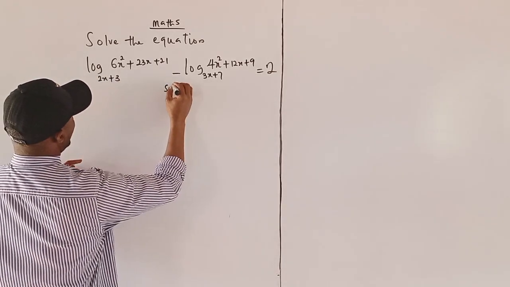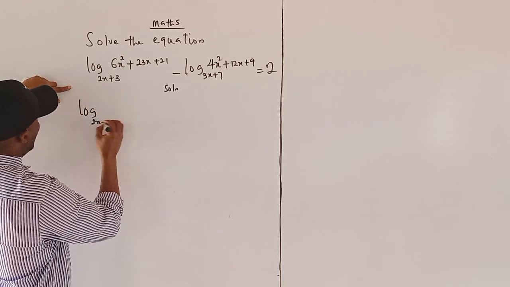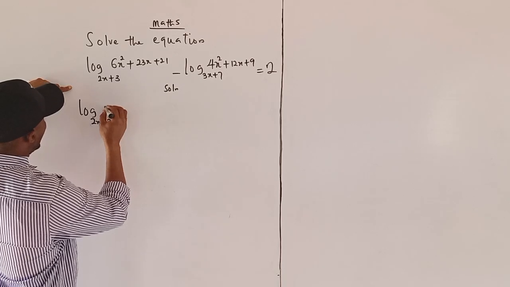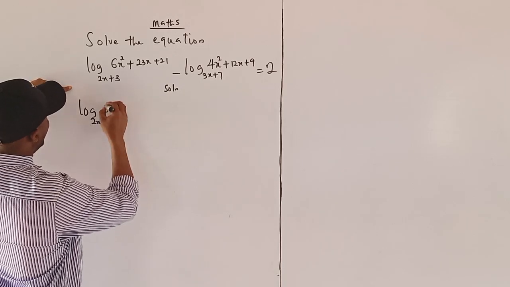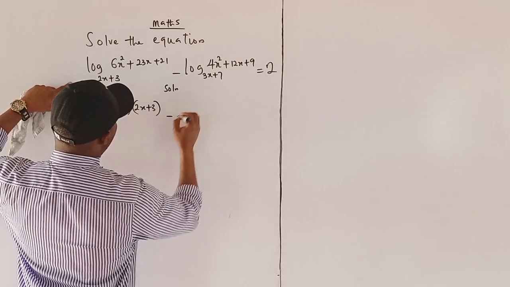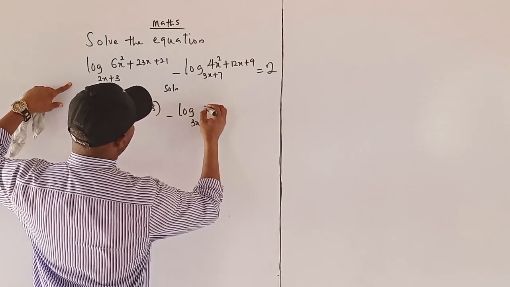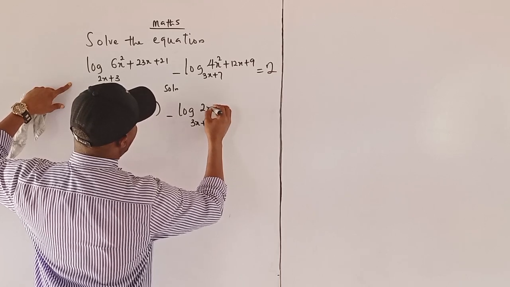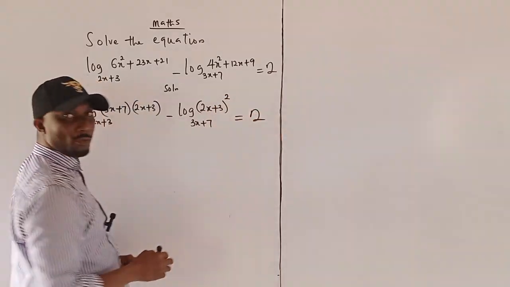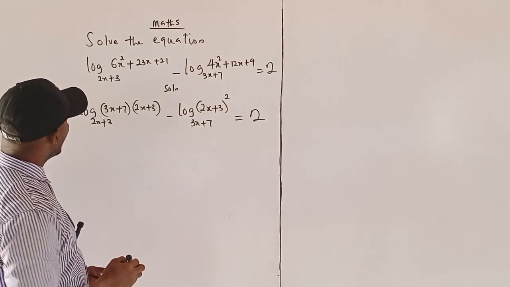Then I will write log to the base of 2s plus 3 of the argument 3s plus 7 times 2s plus 3, minus log to the base of 3s plus 7 of 2s plus 3 all squared, everything equal to 2. This is the very punchline, the weak link in solving this problem.